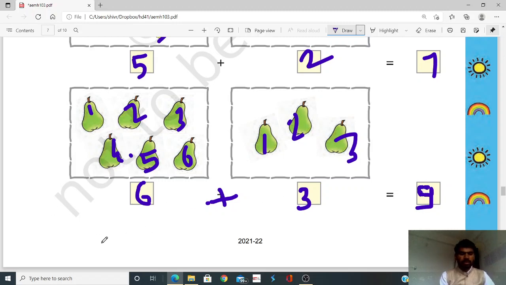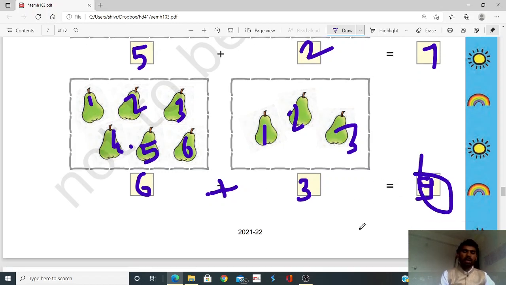Here you can see my hand. This is 5 and this is 1 means 6 and this is 3. When we add together 1 2 3 4 5 6 7 8 and 9, therefore our answer will be 9. 6 plus 3 is equal to 9.